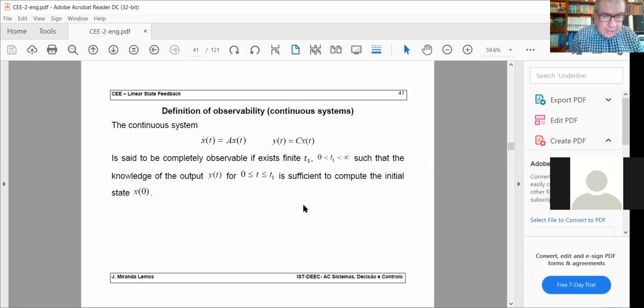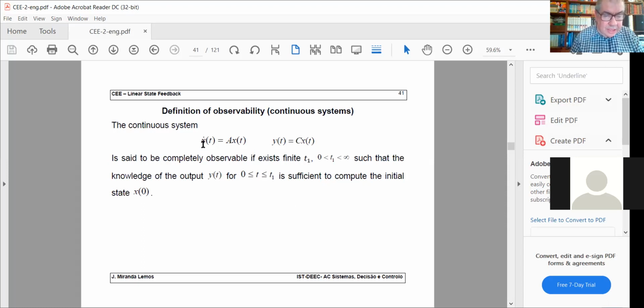Now, there is another concept, which is the concept of observability for continuous systems. You can have also observability for discrete time systems. And this is related with the capacity to estimate the state given the output.